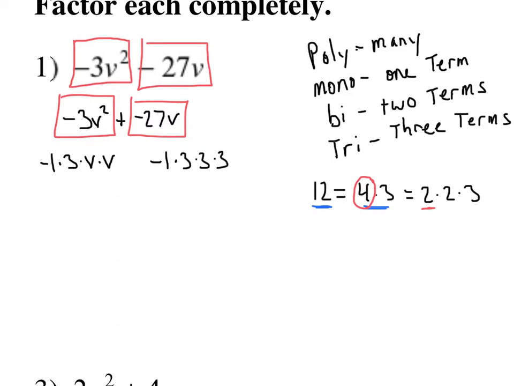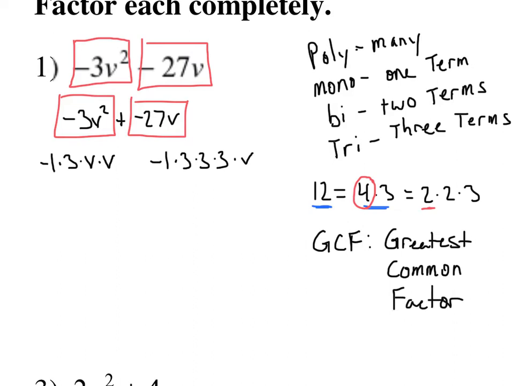So I have 3 times 3 times 3 is 27, and there's still a v there, times v. So to find the GCF, the greatest common factor. GCF is greatest common factor.